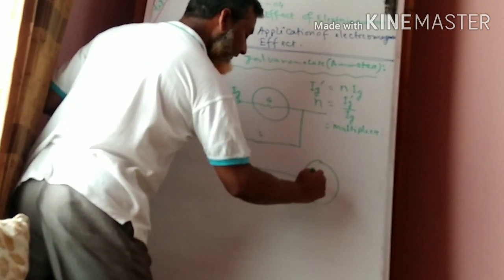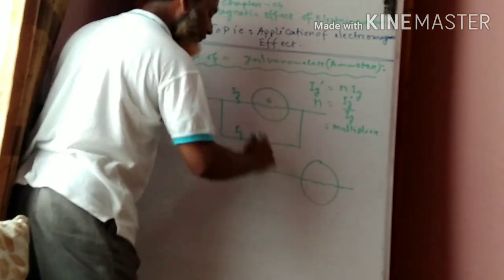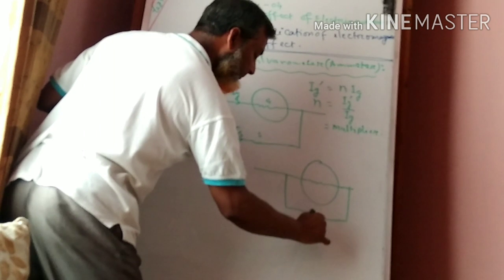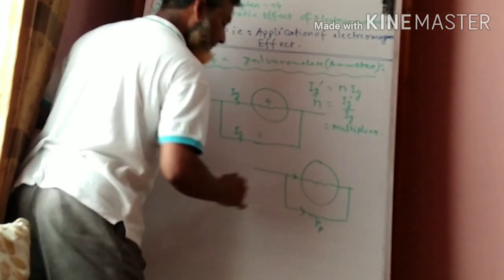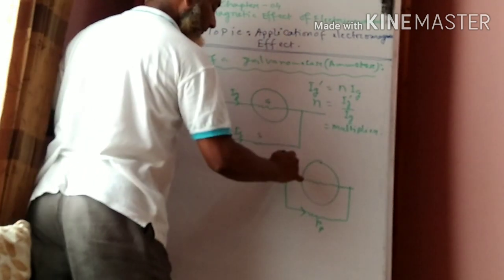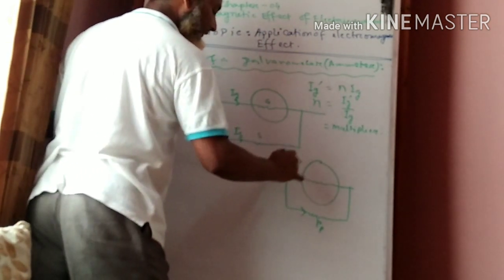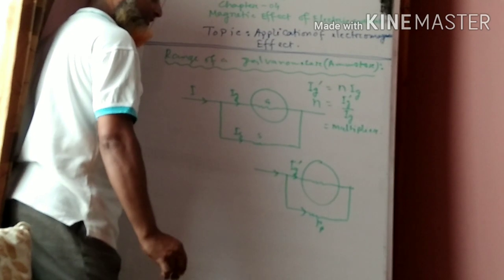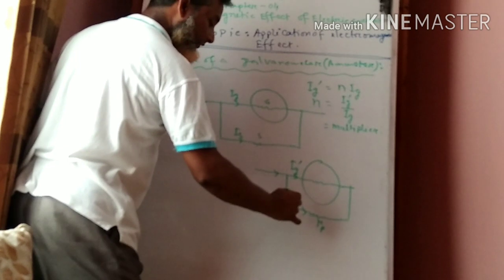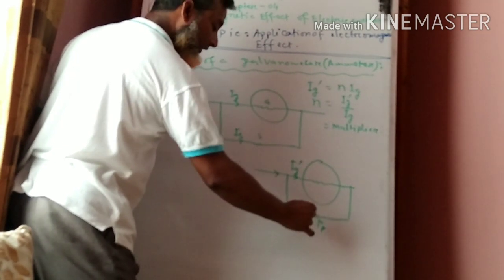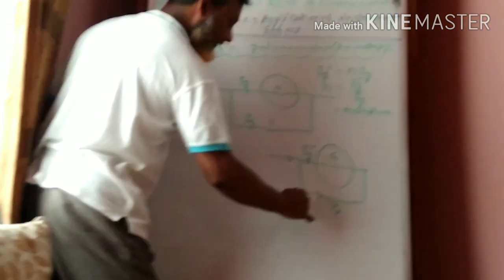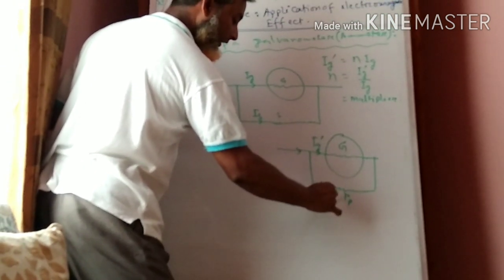Here is the total resistance of these two, and I connect a new parallel resistance Rp, so that the new current through the galvanometer is Ig prime, and the remaining current passing through this newly connected shunt is (n minus 1) Ig.